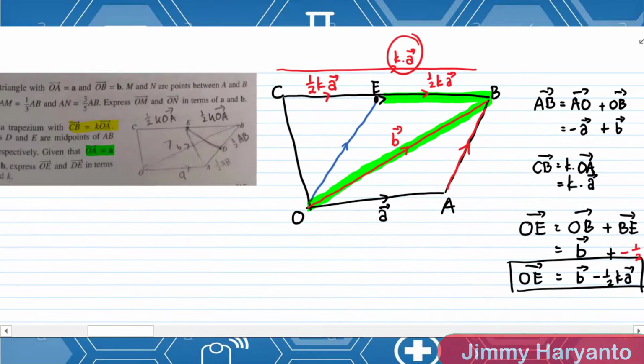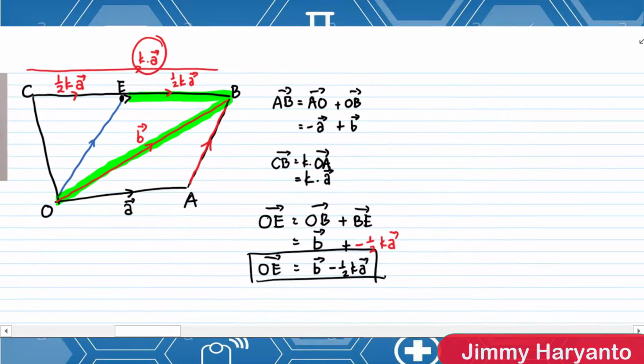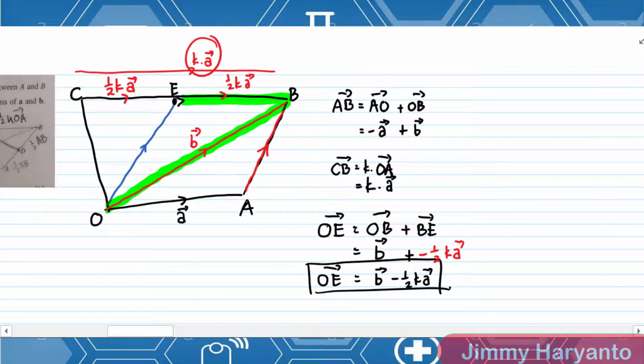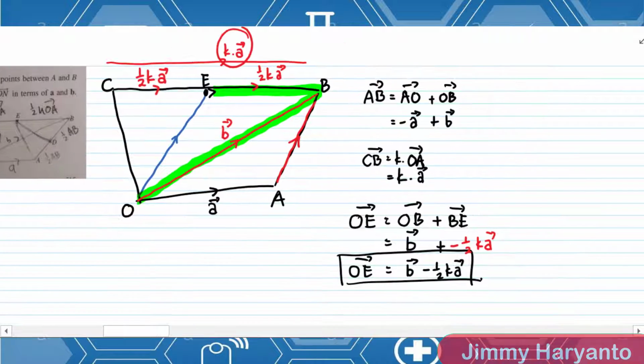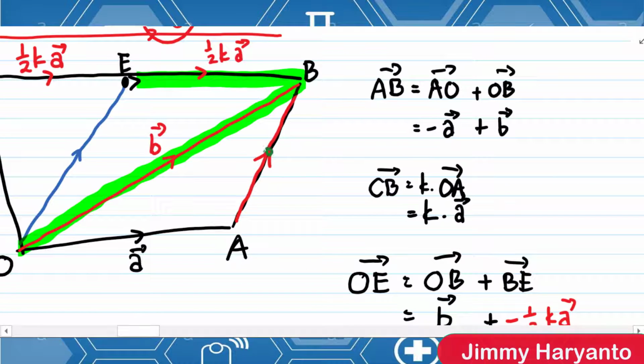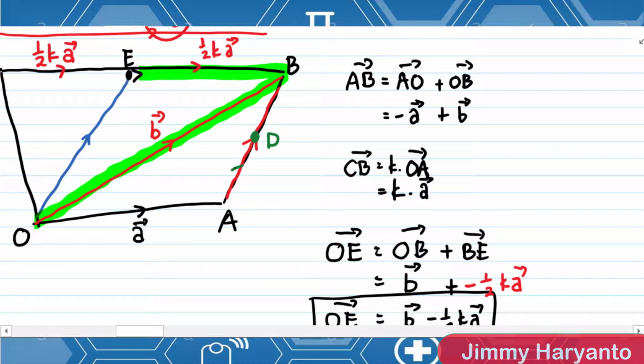And then after that, the question also wants us to find DE. This one is D. Where is D? Wait. D is the midpoint of AB. Oh, there is D right here. D, the midpoint. And then the question wants us to find DE. Okay, let's divide this AB first into two parts.